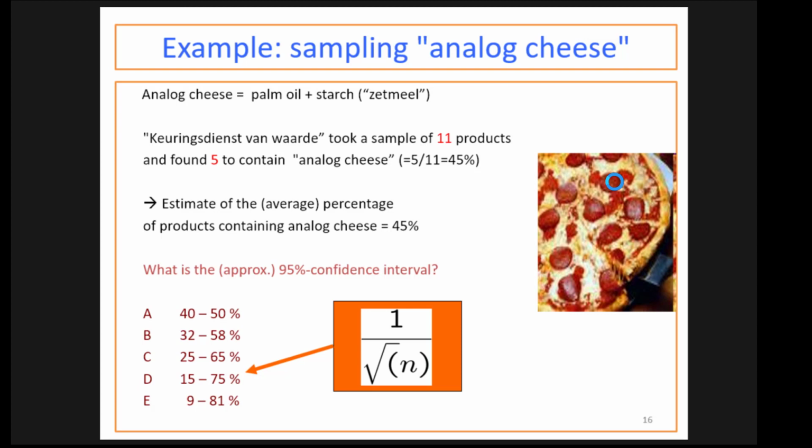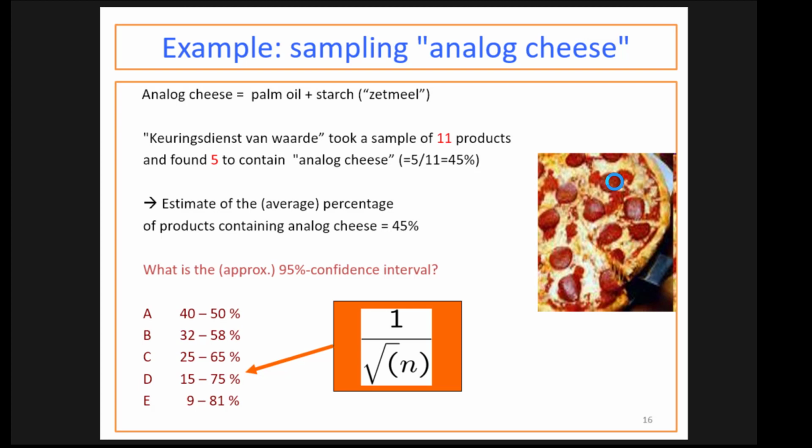So if you have 11, 1 over the square root of 11, not sure how much that is, but that's 1 over 3 and a bit, I guess. So about 30% or so. So 45% minus 30% to 45% plus 30%. That is the confidence interval that you get.